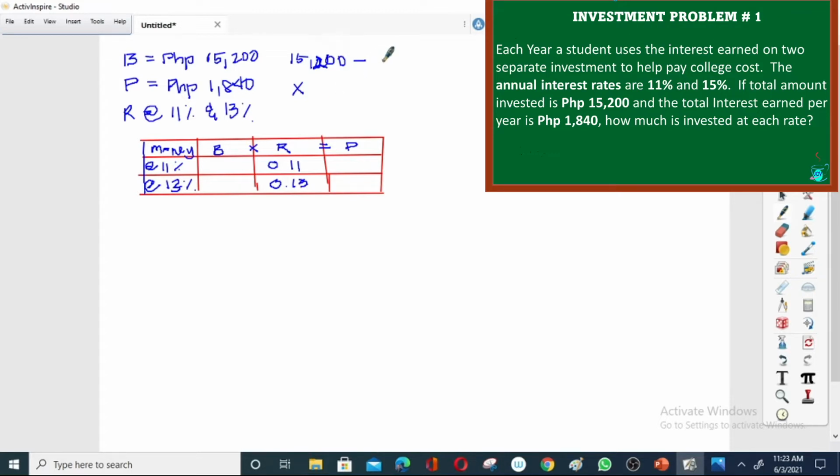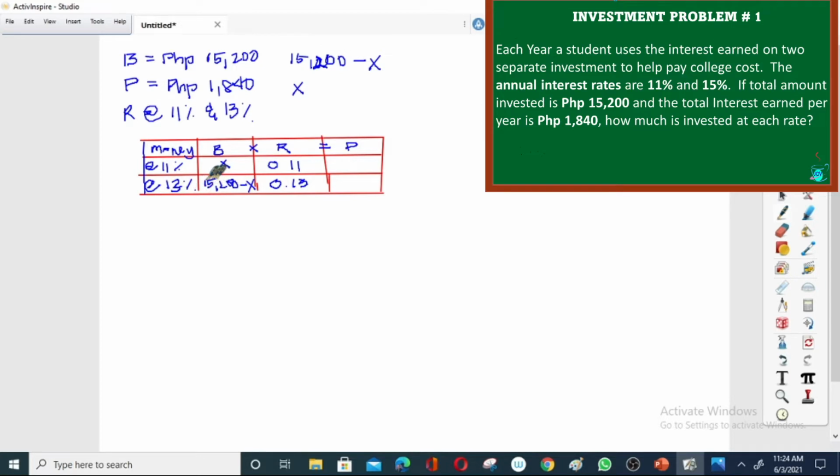Therefore, our X should be the amount at 11%. So 15,200, minus the X, the remaining money will be invested at 13%. Because at 11%, first invested at 11%, that amount is subtracted from the total, and the remaining goes to the next interest rate, which is 13%.